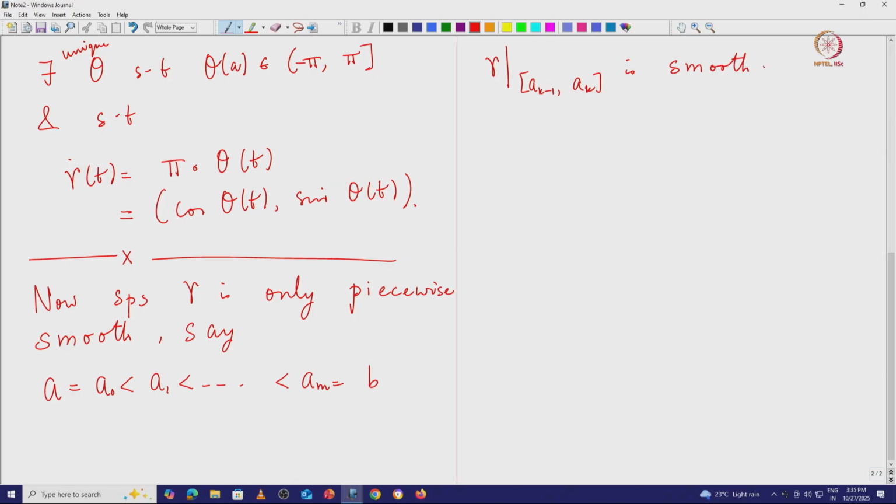Okay. Then we can extend, so let us say gamma is a curve like this, right. So let us say this is our a, gamma of a, which is equal to gamma of b, let us say it's a closed, sorry, it actually does not have to be closed. So let us say you have a curve like this, and let us say this is gamma of a.